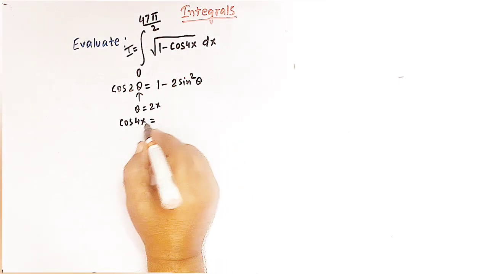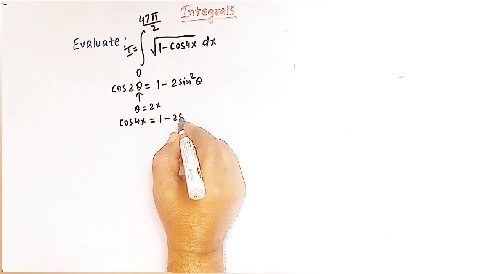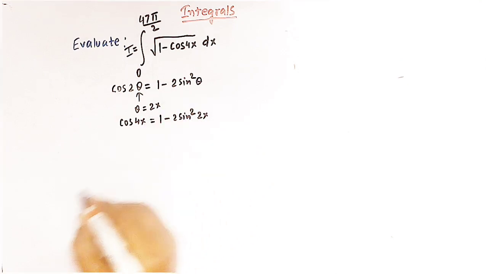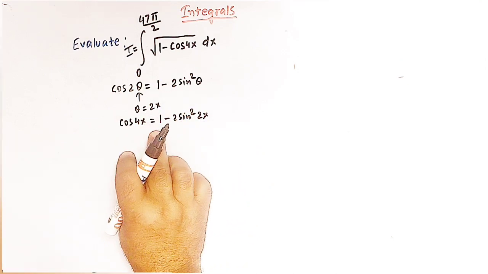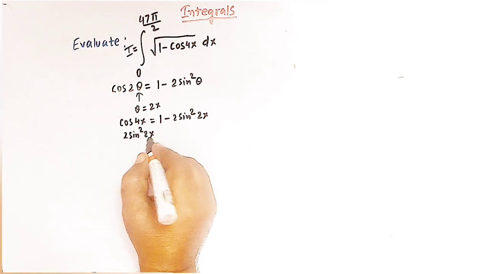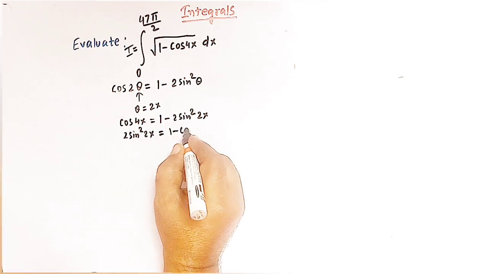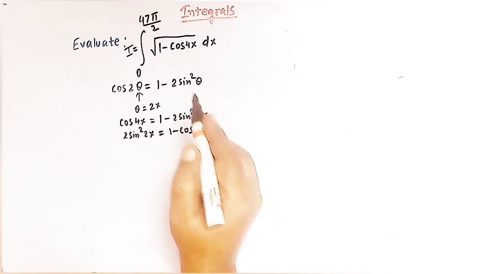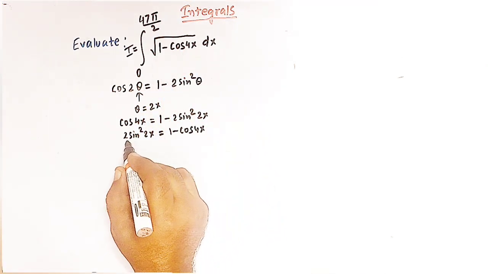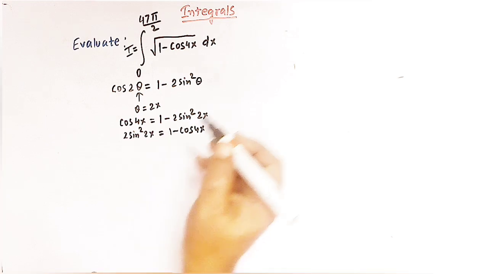So cosine 4x is 1 minus 2 sine square 2x, where theta is 2x. Rearranging the terms, we can write 2 sine square 2x is equal to 1 minus cosine 4x. So we can now replace 1 minus cosine 4x by 2 sine square 2x, right?